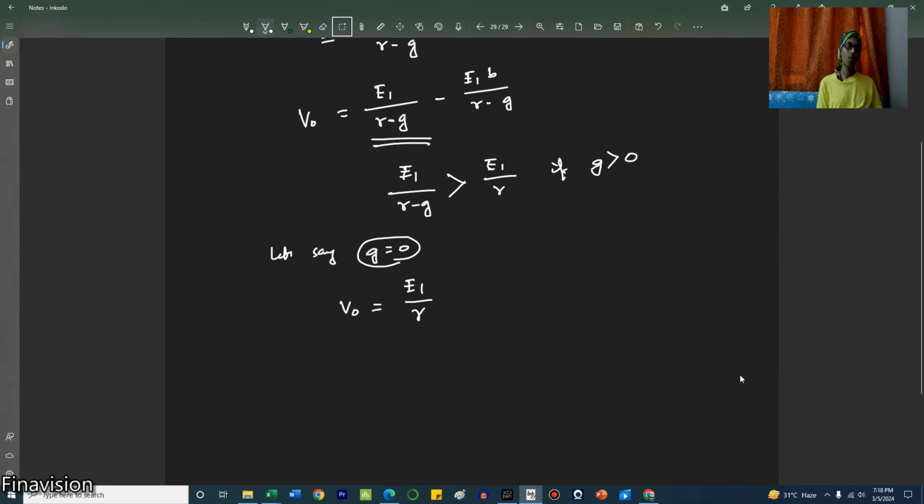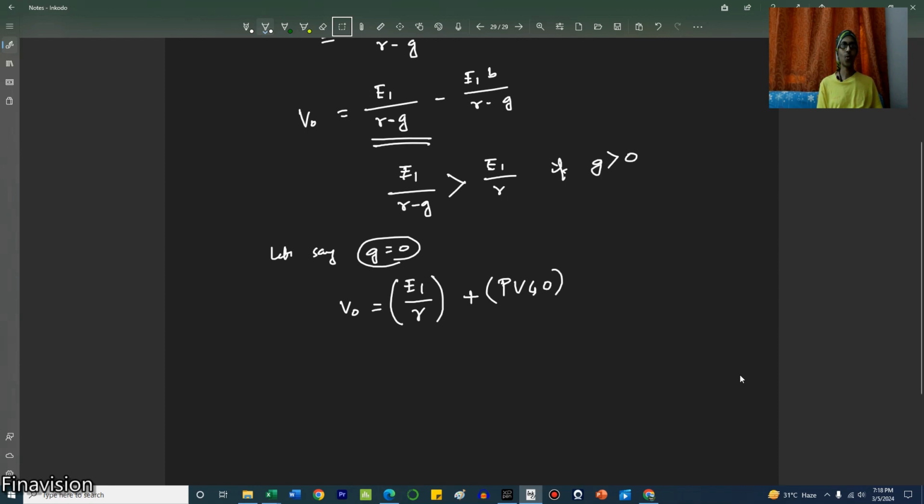Whatever extra amount there is, if there is a growth opportunity, apart from this no growth condition, right? If the value has to be greater than this, it has to be the value of growth opportunities. So the entire expression for Gordon growth model can be translated to this.